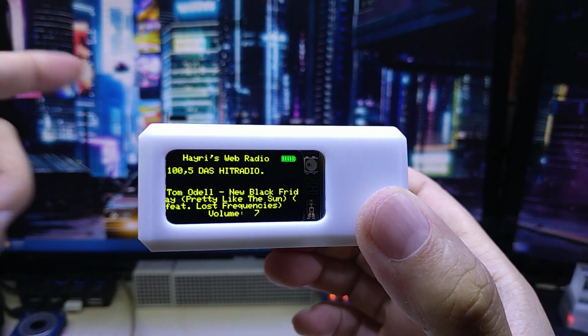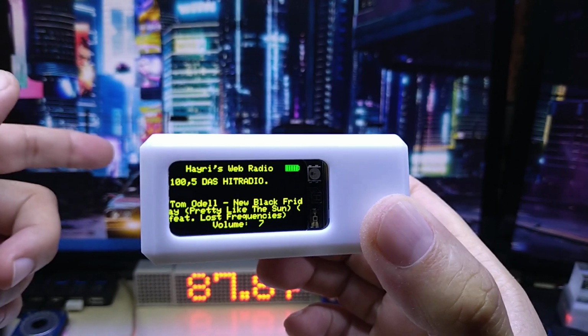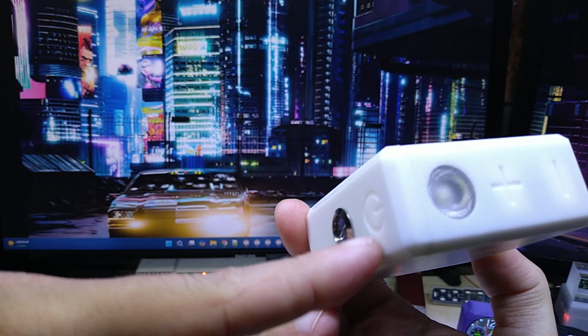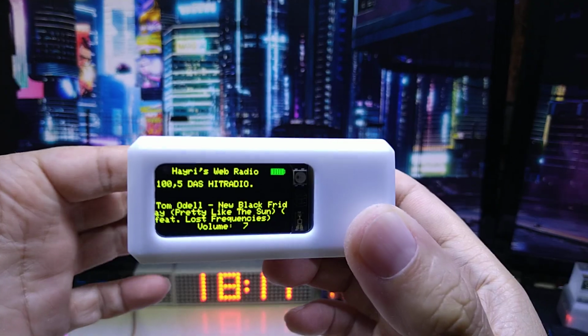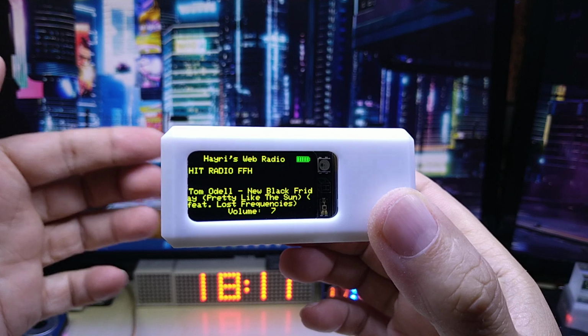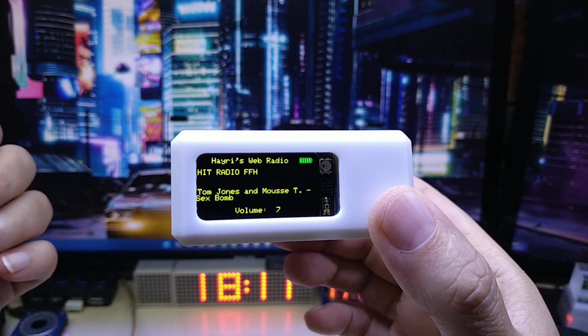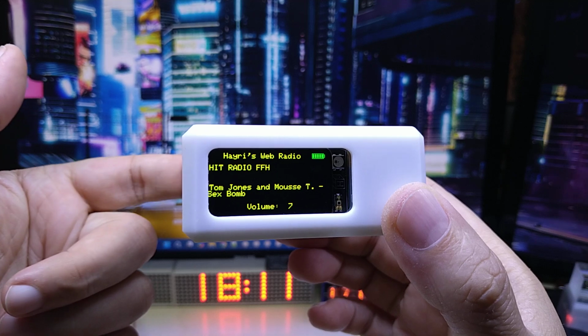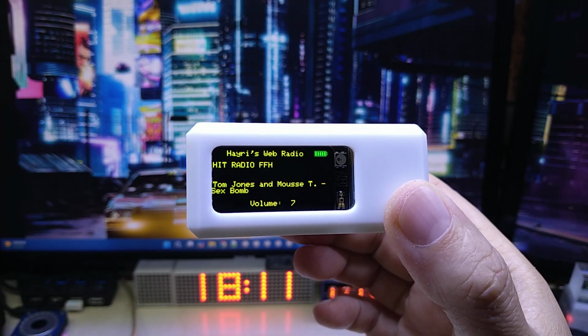And I have primarily German radio stations, and to change the station you just touch the back of it like so, and then it changes the radio station and it shows you what song is playing. Touch it again.